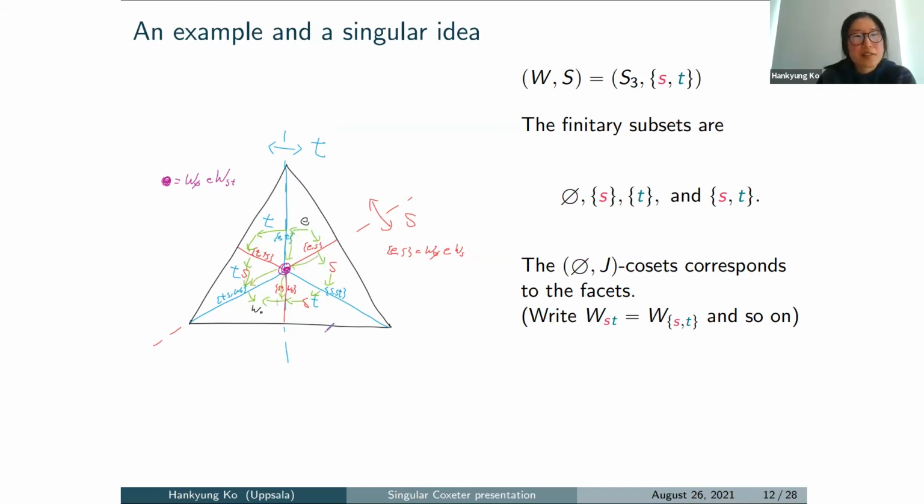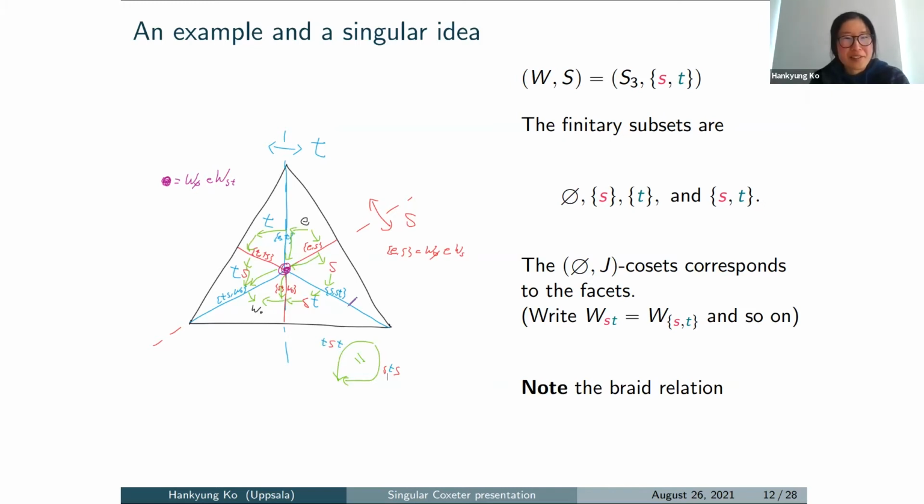But note that we have also this coset, so we can go there. So instead of going from here 2, 3, 4, 5, we can go from here to here and out. And if you like, you can continue. So there are these extra operations or movements you can make.